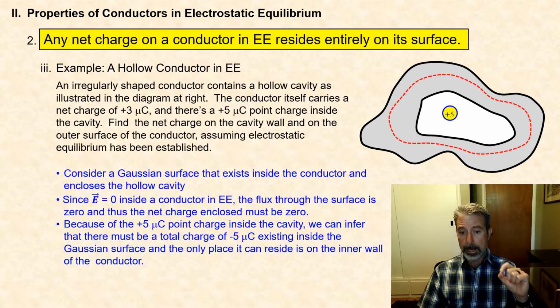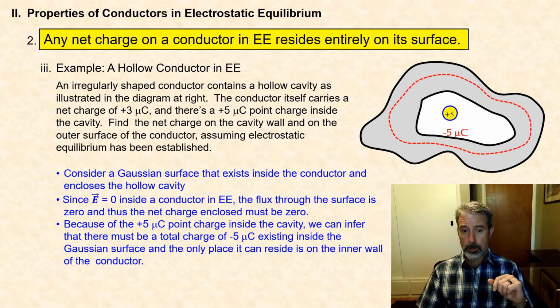But that minus 5 microcoulombs of charge, according to this property here, can only exist on the surface of the conductor. Therefore, we can infer that that minus 5 microcoulombs of charge must be located on the inner wall of that conductor, right where the cavity is located.